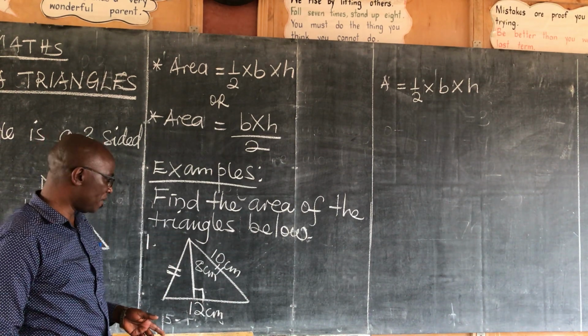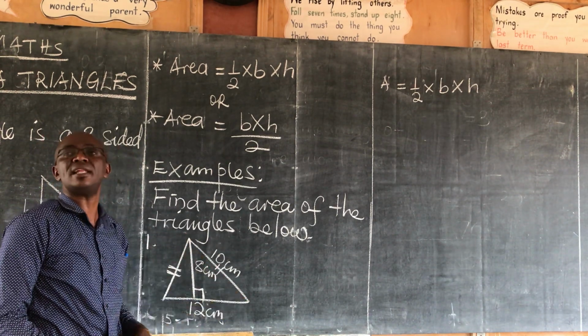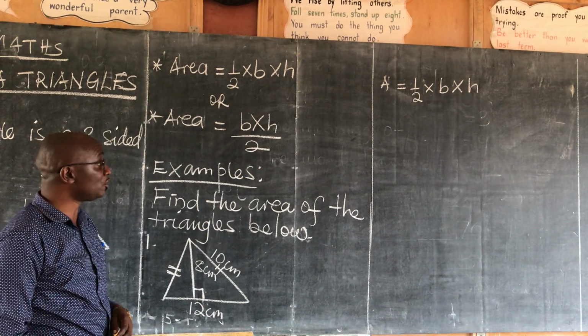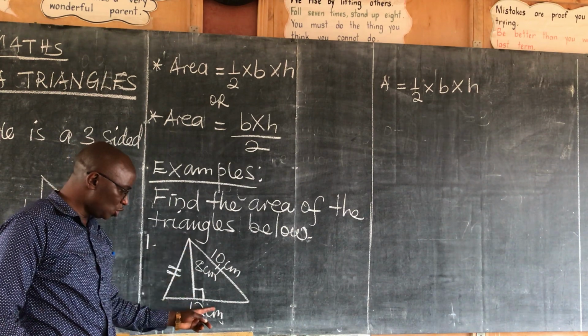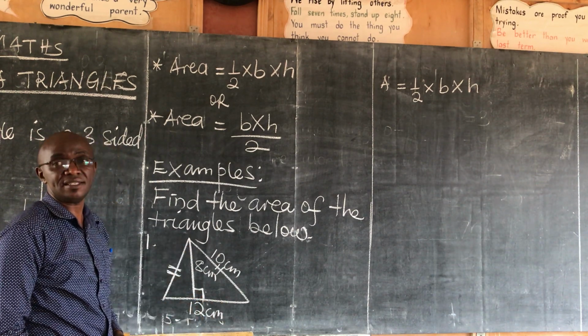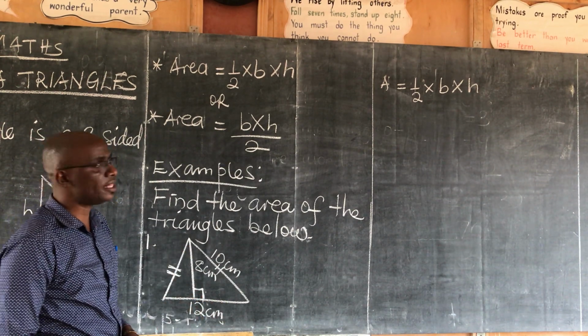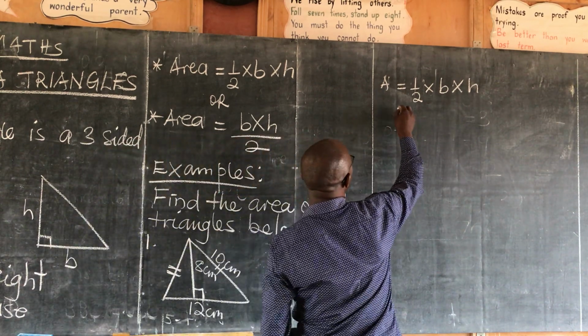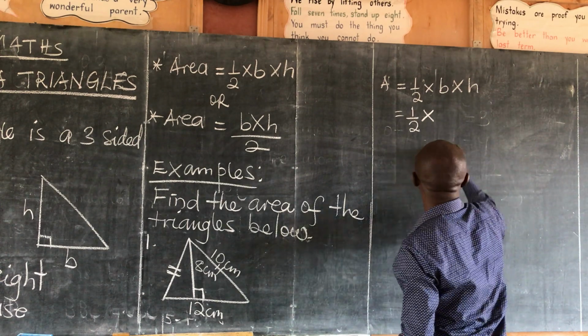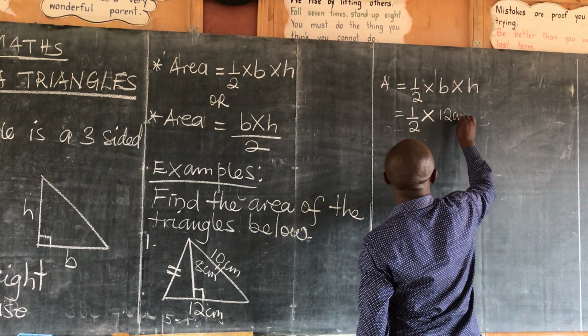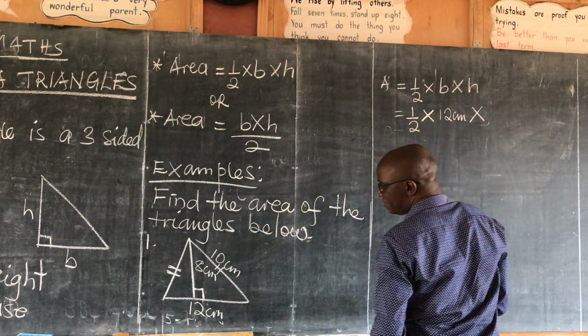Some people normally make mistakes and instead use this slanty side, which is the hypotenuse, and they substitute it for the base. No, please, you have to look for the right angle where it is, and that will be the base. So we substitute, which is a half, times the base, which is 12 centimeters, times the height, which is 8 centimeters.